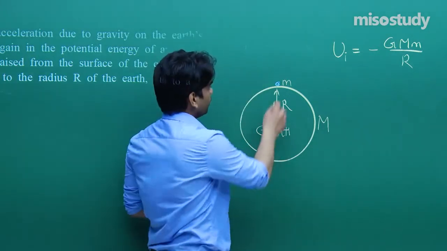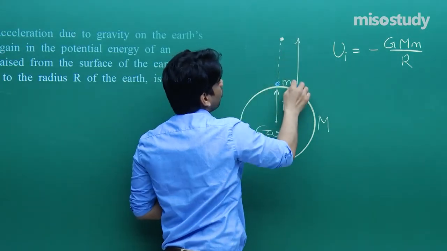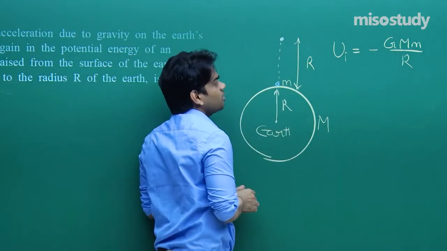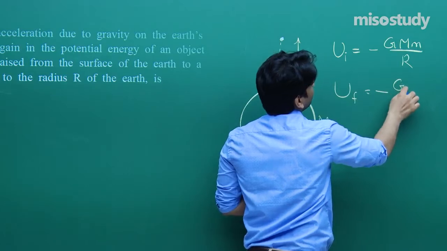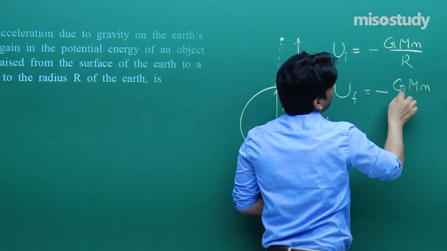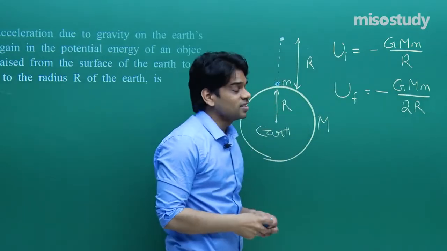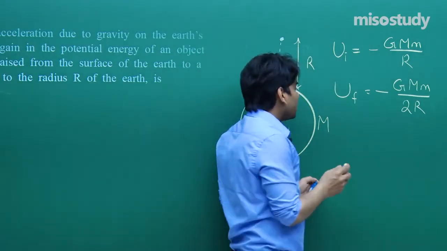As the object is raised, if we take this object to a height whose altitude is equal to capital R, the final potential energy will be equal to minus GMm by 2R.